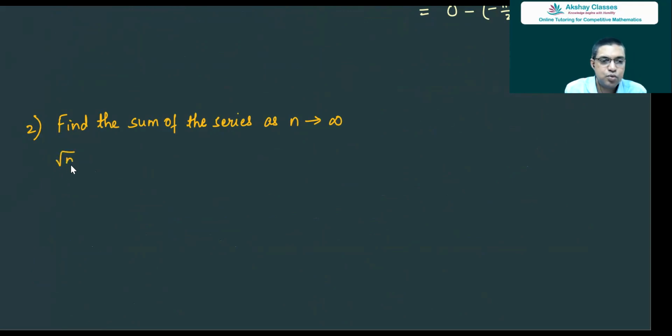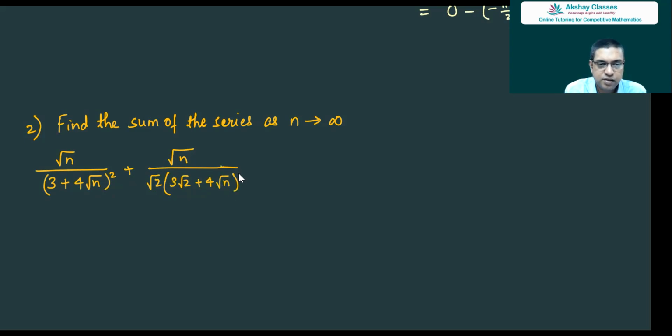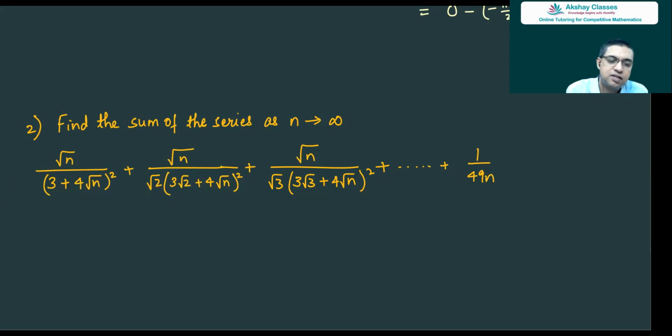The series is under root n upon 3 plus 4 under root n the whole square, plus under root n upon under root 2 times 3 under root 2 plus 4 root n the whole square, plus root n upon under root 3 times 3 under root 3 plus 4 root n the whole square, and so on up to 1 upon 49n, the last term.